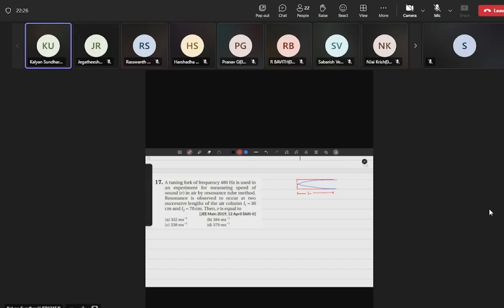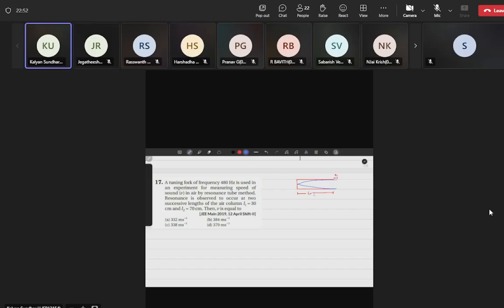End correction will always occur at a closed organ pipe. Exactly at one end it has to form a node and at the other end an antinode. So what happens is that it will not end exactly at the open end. It will be formed slightly outside the open end. So this length will be your E. This is what we call the end correction.